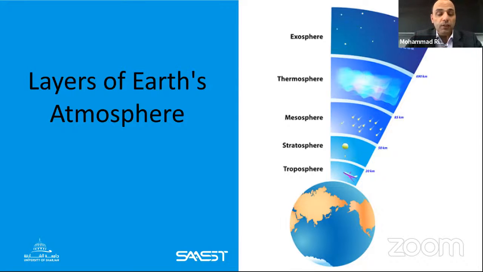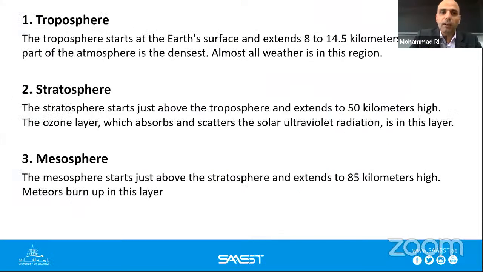It is called the troposphere because it has turbulence and all weather conditions are included in this layer. So: troposphere, stratosphere, mesosphere, thermosphere, and exosphere. Where is the ozone? We will see where the ozone layer sits among these layers. So I will start with the troposphere.